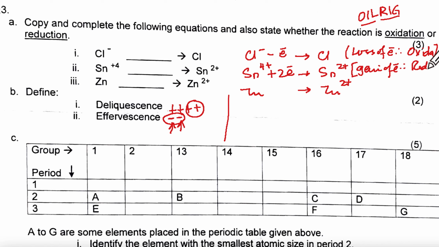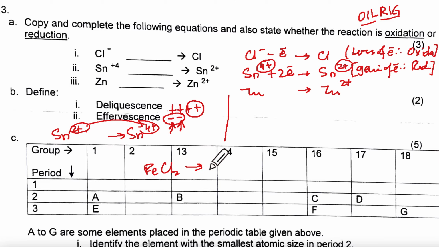Also remember the differences between oxidation and reduction. This is a decrease in positive valency, so reduction. Supposing it was Sn2+ becoming Sn4+, can you see there is an increase in positive valency, so it is oxidation. FeCl2 becoming FeCl3.